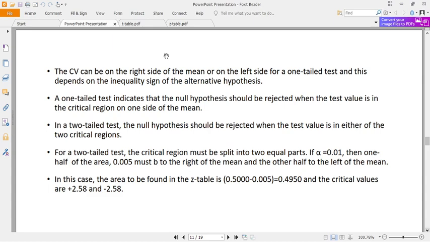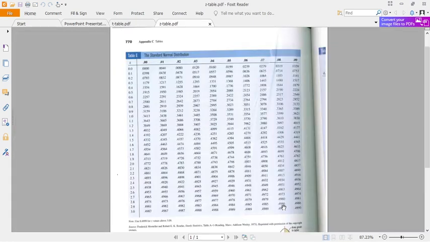So our area is 0.495. So you look for 0.495, and if it is not there, you look for the nearest.